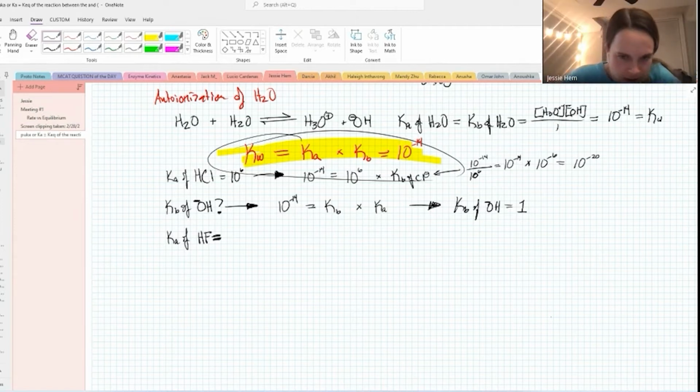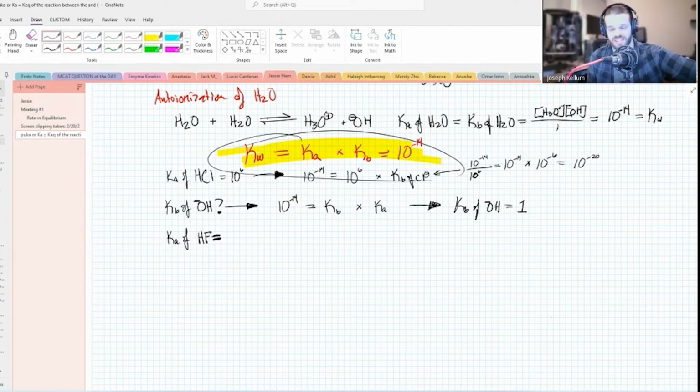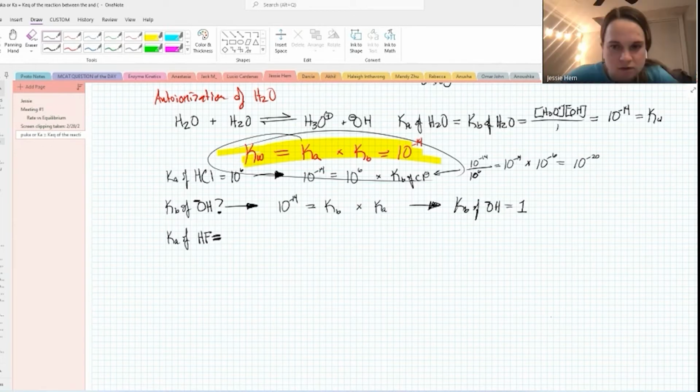So HF is a weaker acid than HCl. So if HCl is 10 to the 6th, it would be like 10 to the 4th. I don't know. So it's actually less than that. HF is a weak acid, period. So it's weaker than hydronium, so it has to be less than 1. So 10 to the 1/2.